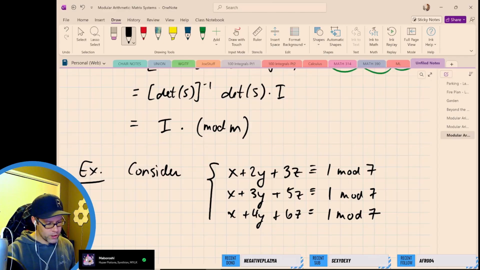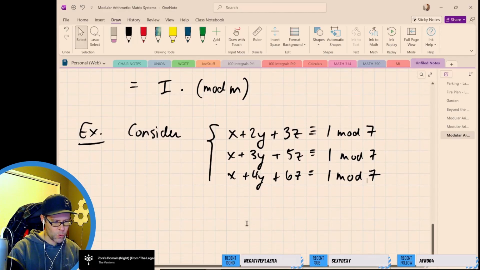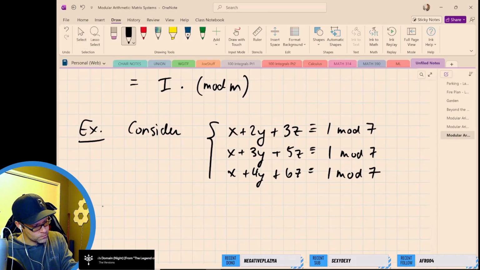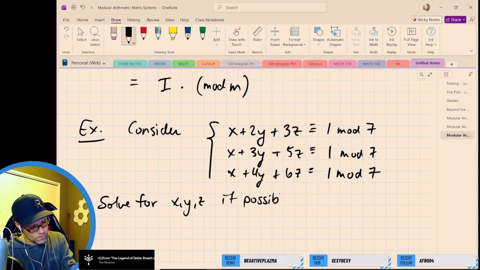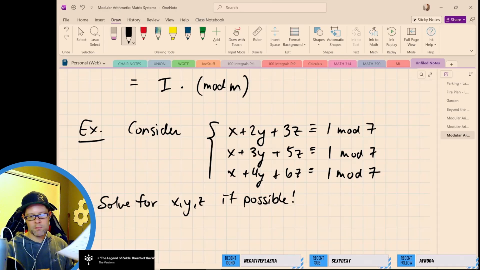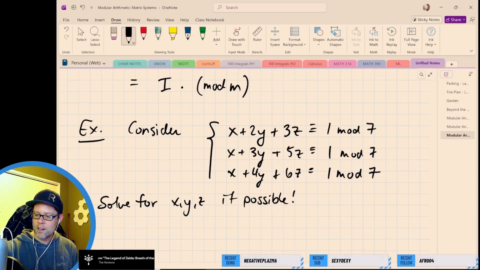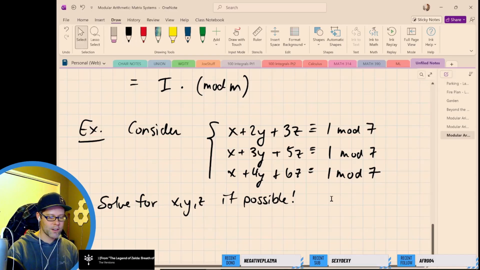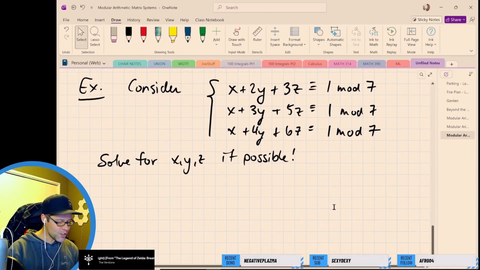How in the world could we potentially solve for x, y, and z? It seems a little bit wild to me. It seems like this is going to be a little bit unruly because we're working with mod 7, right? But it's not too bad.